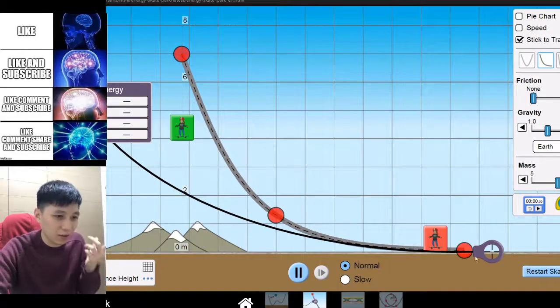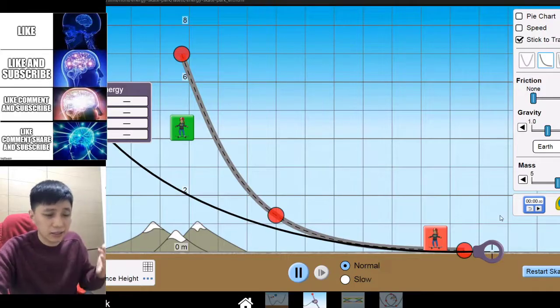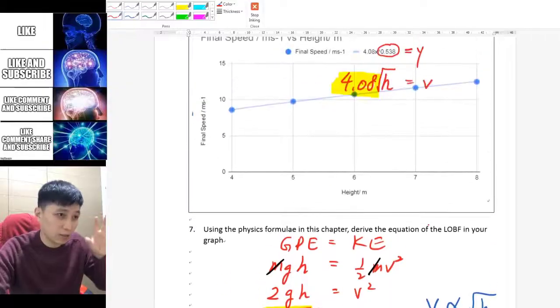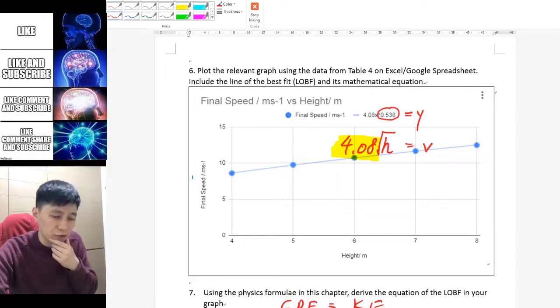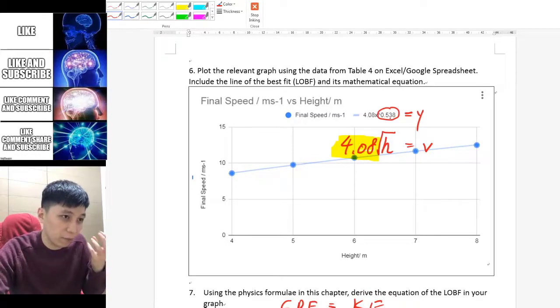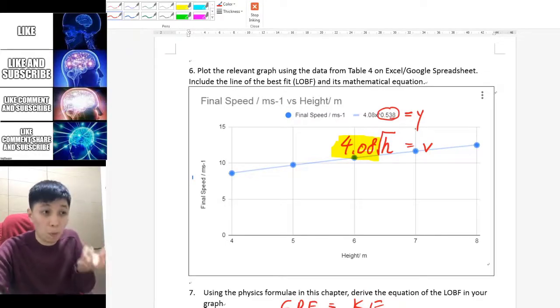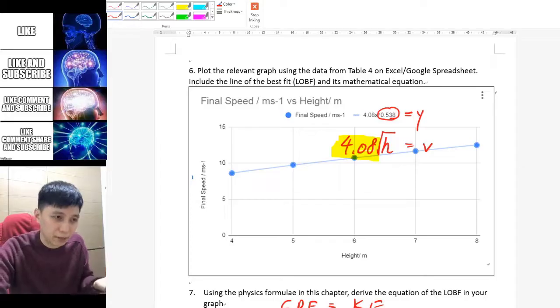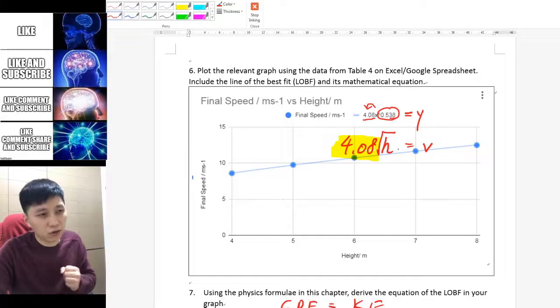But other than that, I think another reason is simply that the data doesn't really follow through the power equation that we expect to be in the power of 0.5. Notice that this is 0.538, so that actually affects the coefficient itself. If we can somehow force it to be 0.5 and change the coefficient at front, then it should work.